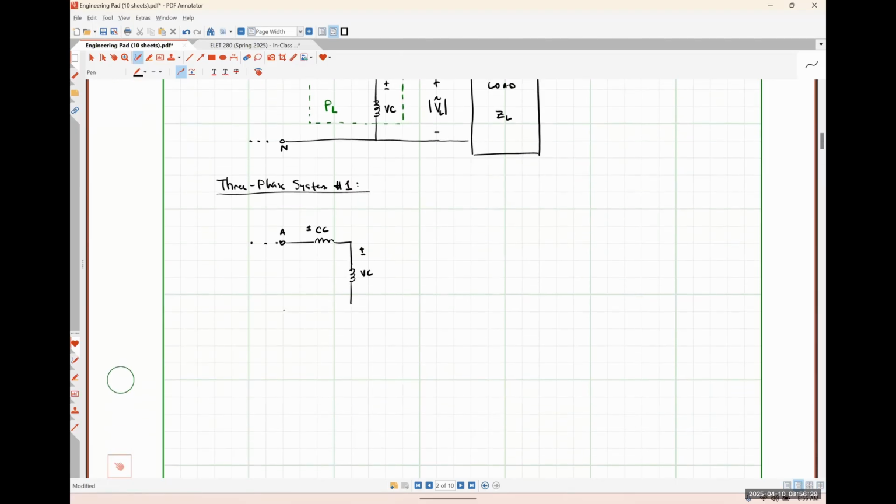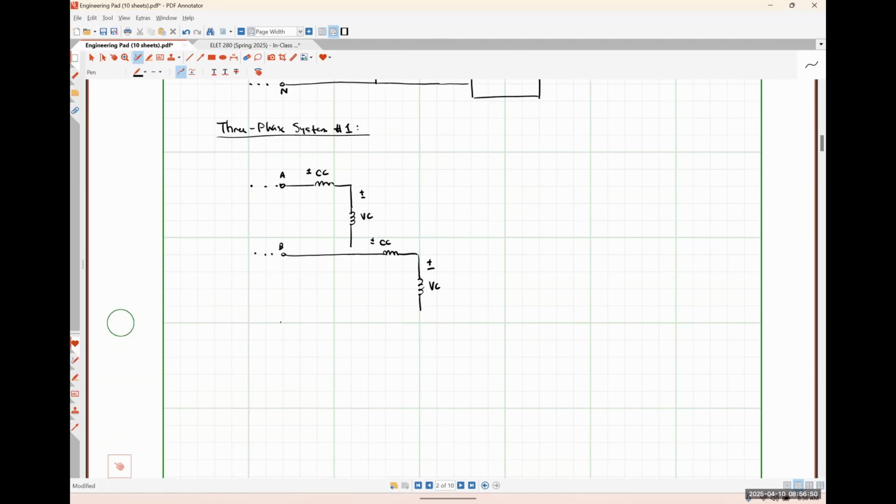Down here is going to be my B terminal line. Here's my current coil on my B phase, and my voltage coil on my B phase. Down here is my C phase terminal line. Once again, current coil and voltage coil. And then down here is my neutral.